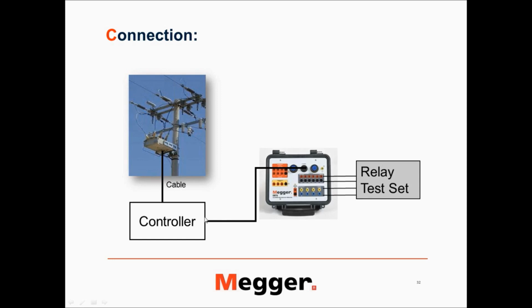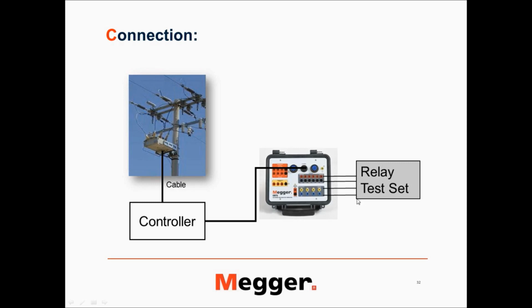Everything comes inside these 3 pins, either one of those 3 pins. You will not be using all 3 pins at the same time. From the controller, it comes inside here, and you would have all the connections, the CT/PT connections, and everything distinguished inside of it, and from here it goes to the relay test set.